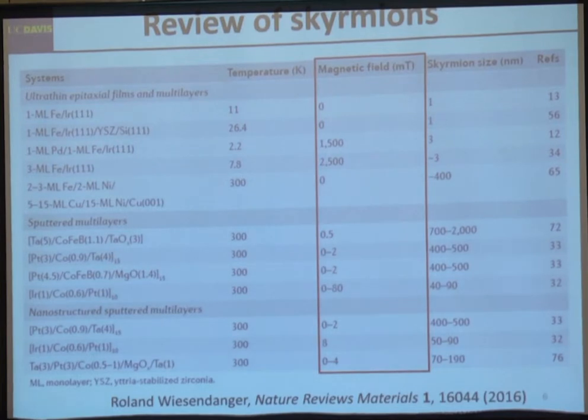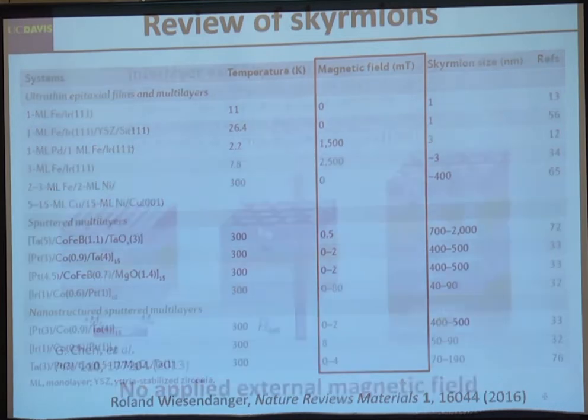Now I'm going to go to the first little story, where I show you this summary table from the review paper, covering all of these thin film systems. In most cases, people need an external magnetic field to shift the energy landscape between spiral and skyrmion phases, to help stabilize skyrmions.